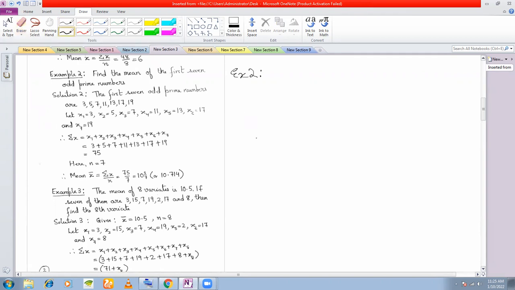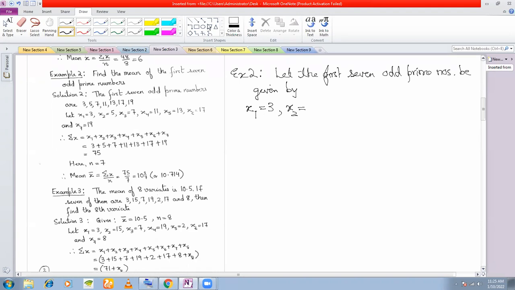Second example: find the mean of the first 7 odd prime numbers. Let the first 7 odd prime numbers be given by x1 to x7. The first odd prime number is 3. 1 is neither prime nor composite, right? Which number is the only even prime?